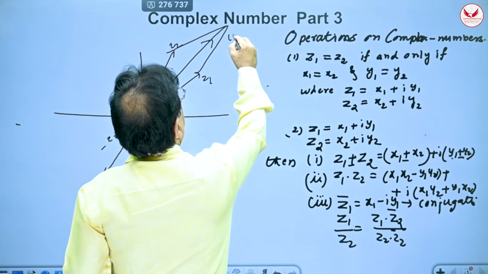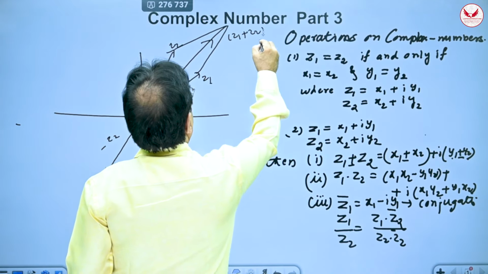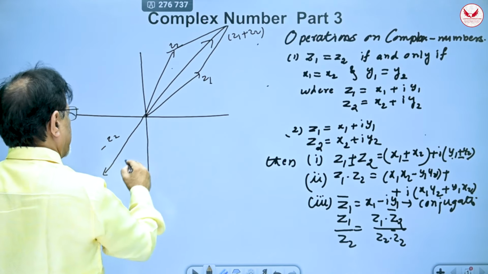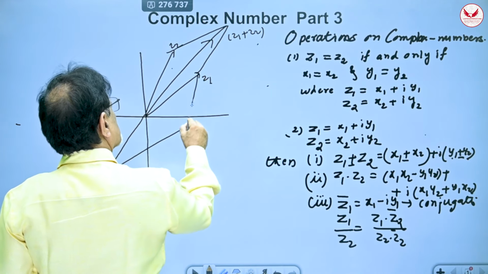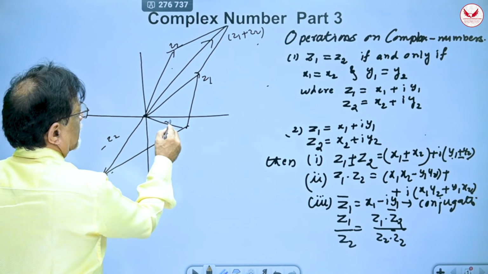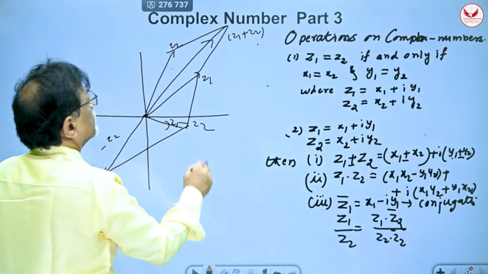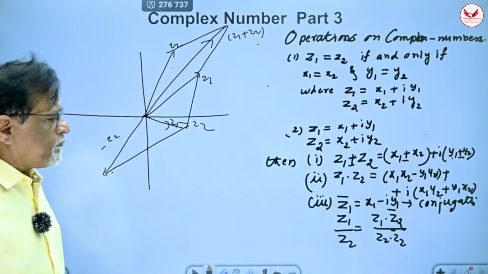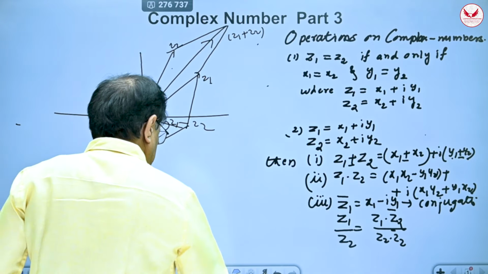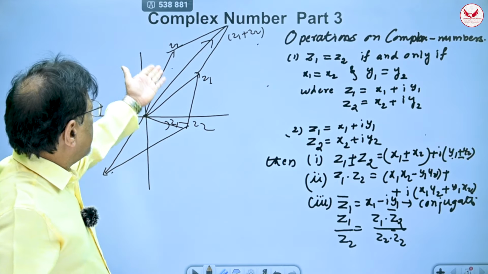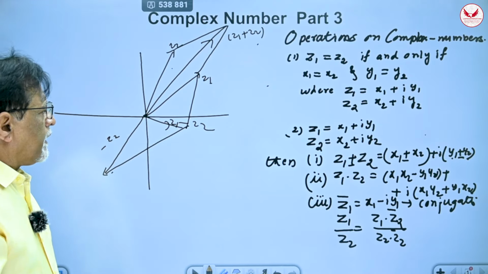So here there will be z1 plus z2. And z1 minus z2 will be this parallelogram. See? And this will be the vector called z1 minus z2. So addition can be represented by the law of parallelogram. Okay. So this is how addition and subtraction can be demonstrated by using Argand diagrams.